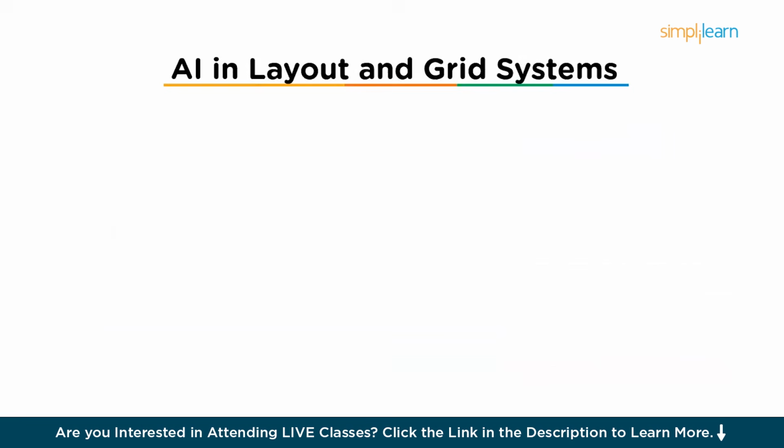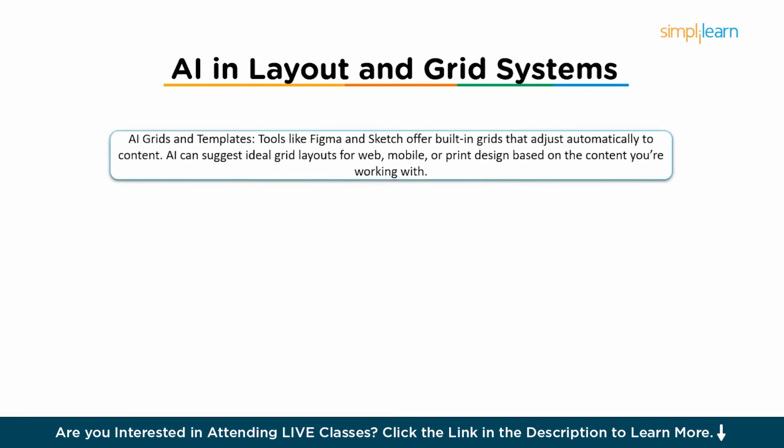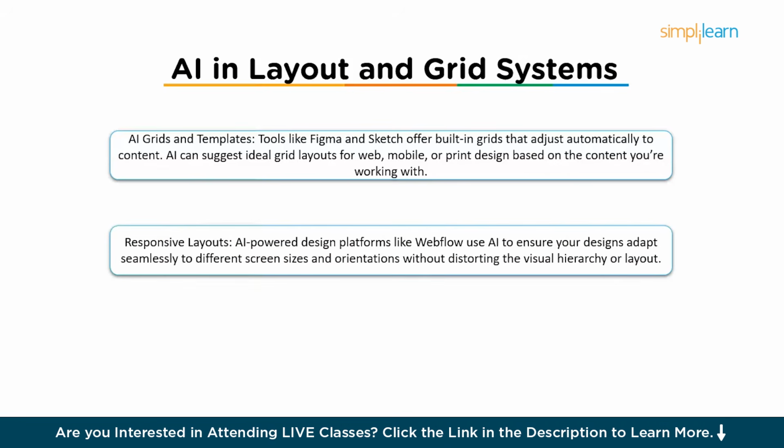Then we have AI in layout and grid systems. AI grids and templates: tools like Figma and Sketch offer built-in grids that adjust automatically to content. AI can suggest ideal grid layouts for web, mobile or print design based on the content you are working with. Responsive layouts.